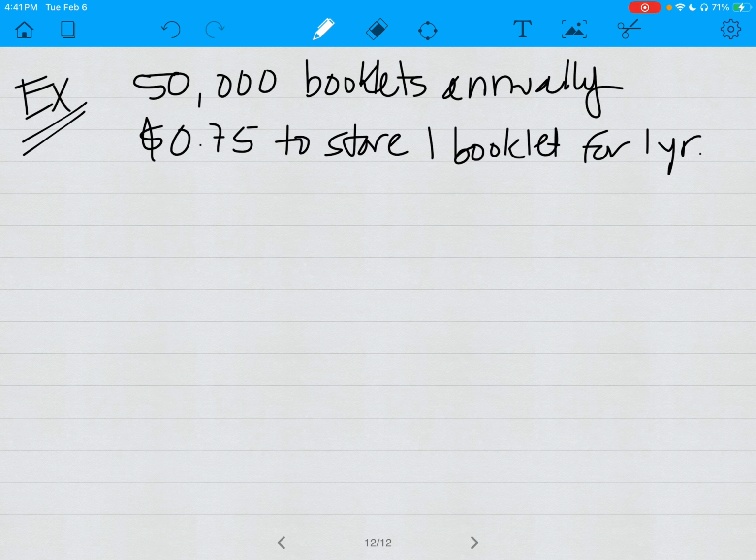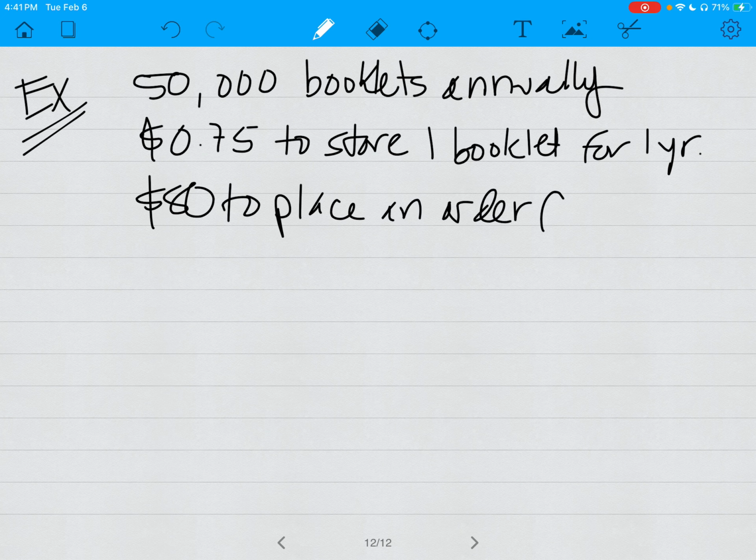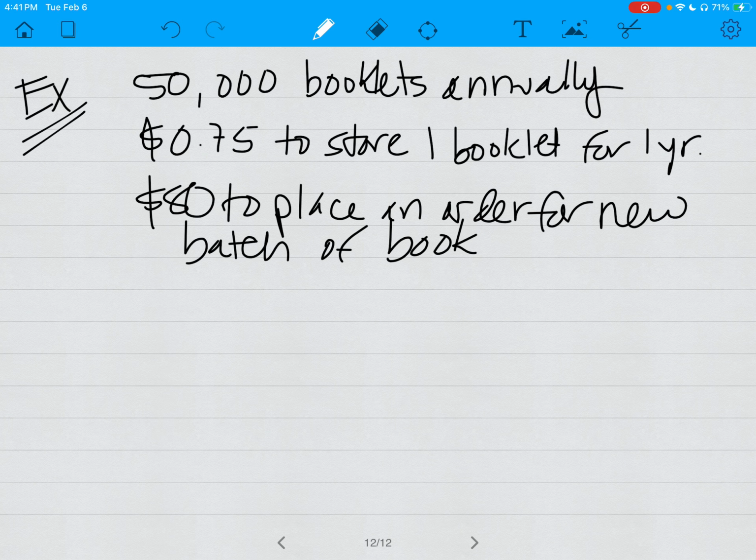And it costs $80 to place an order for a new batch of booklets. And we want to find the optimum number of copies per order.